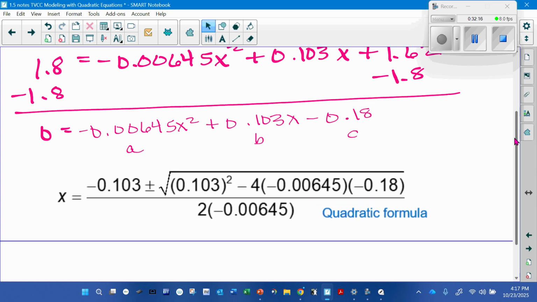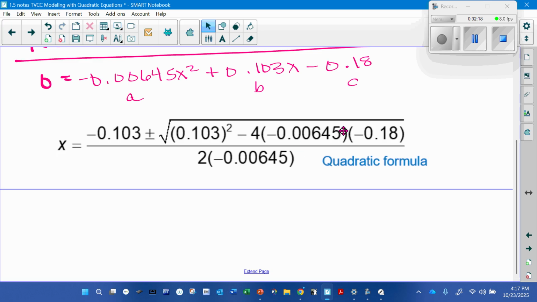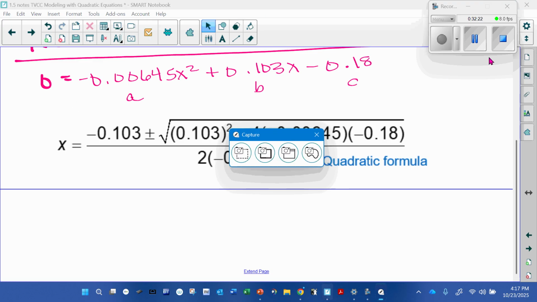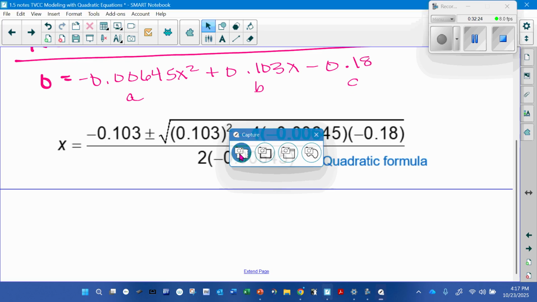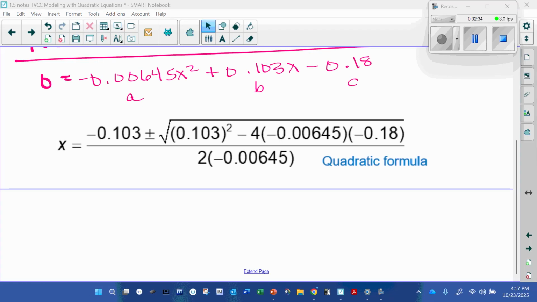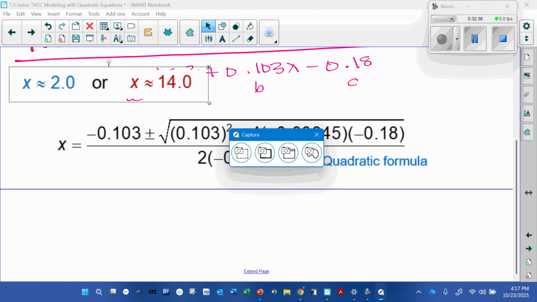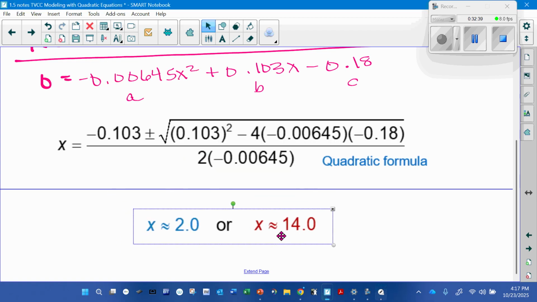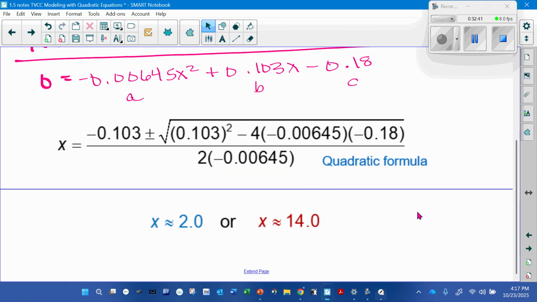Now we can type all of that into our calculator, and when you type it all in, it will just give you the answer. Obviously, you do it one at a time. So these are the two answers that you will get. So x is 2 or x is 14, approximately.